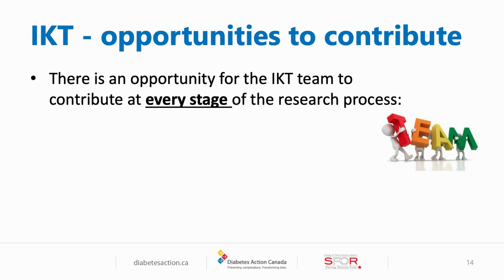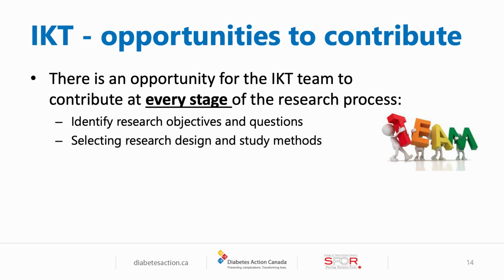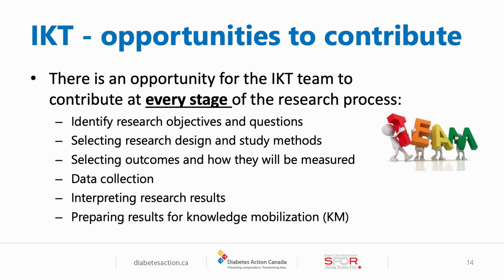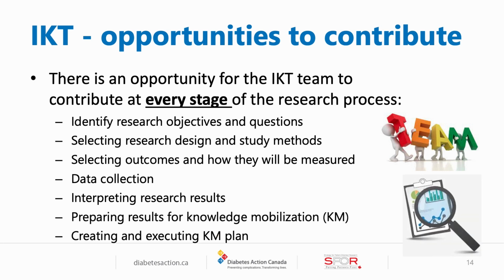For example, some of those stages are identifying the research objectives and questions, selecting the research design and study methods to best answer the research questions, selecting important outcomes and how they will be measured, data collection and related procedures, interpreting the research results, and preparing results for knowledge mobilization, including creating and executing a knowledge mobilization plan.